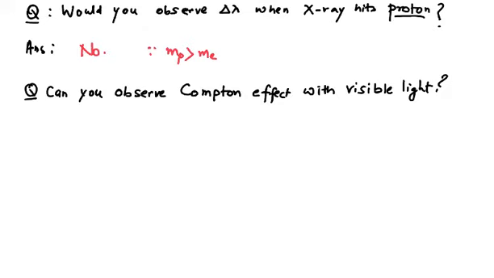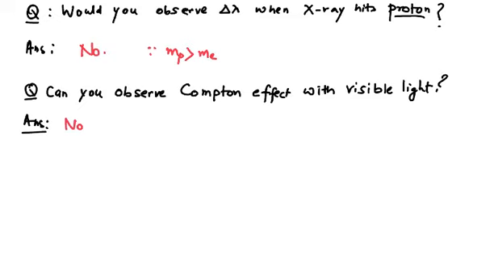Another question you can think about is, can you observe this Compton effect with visible light? The answer again would be no, since the energy of visible light quanta is not large enough to remove an electron from the material to give scattering.